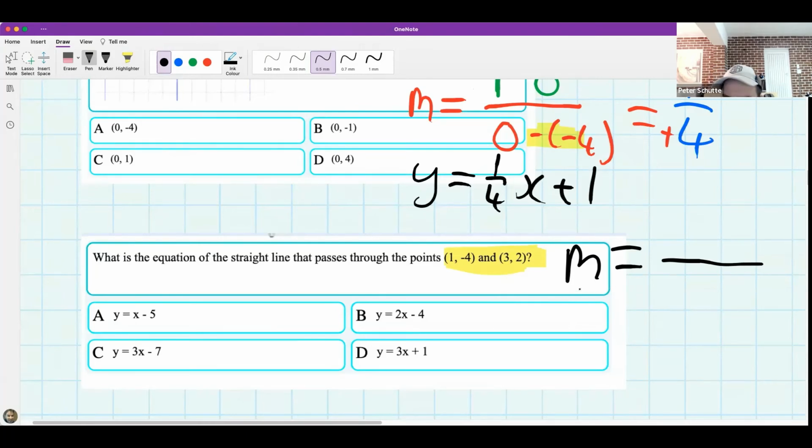And so let's start by making sure you find the gradient for this, and then I'll show you both methods. And if you're able to get the answer, then just put your answer in the chat. You can say A, B, C, or D as your answer.